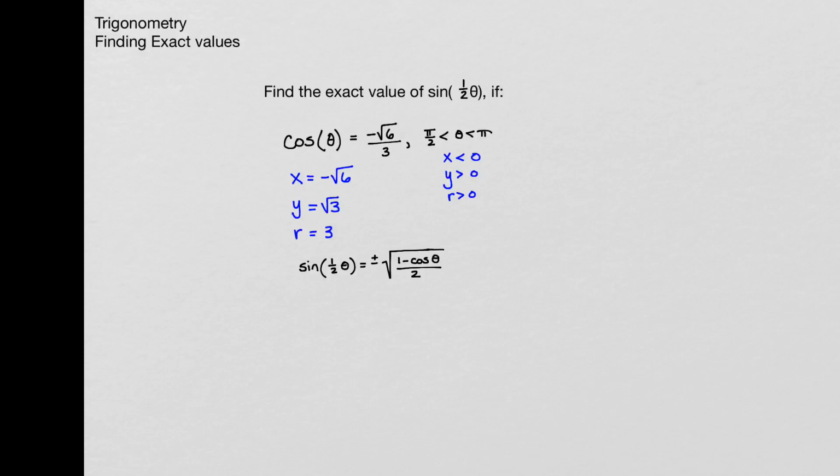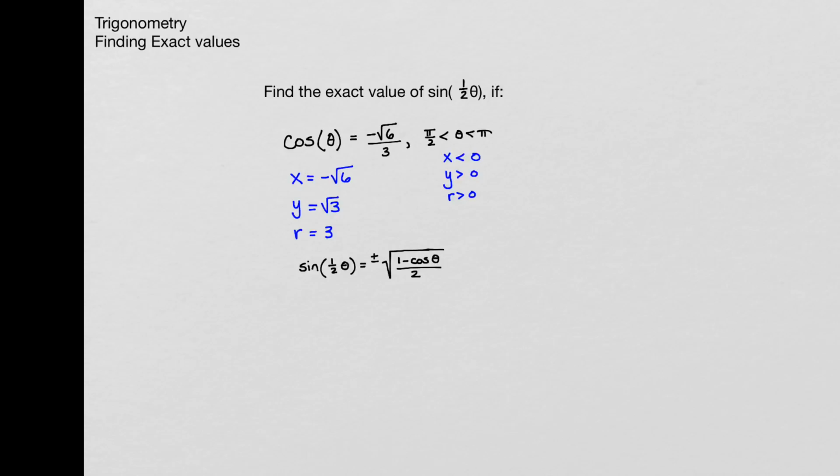So if theta were as much as pi, then half of that would be pi over 2. And if theta were as small as pi over 2, half of that would be pi over 4. So either way, because we know that theta can't actually get as large as pi, in the problem they tell us this. It says that theta is between pi over 2 and pi, but there's no equals here.